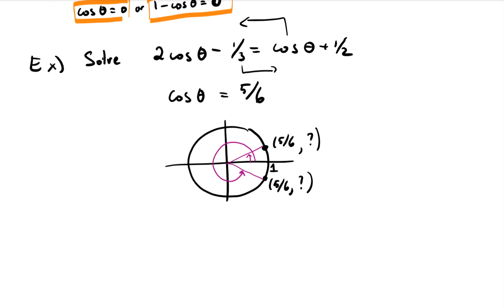Okay, so for theta, I could look at the arc cos of 5/6. If I use my calculator, I would get some value. Let's type that in. So arc cos on my calculator of 5 divided by 6, that's 0.586 roughly.